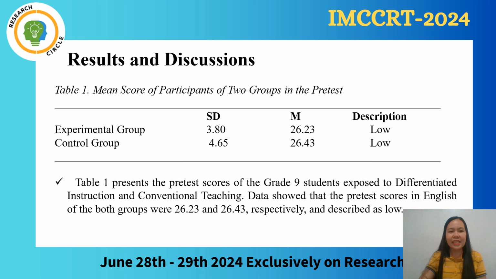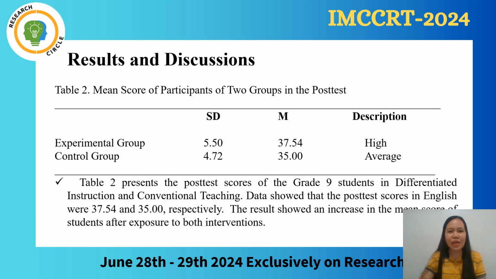Table 2 shows the mean score of participants of the two groups in the post-test. The mean scores in the post-test are 37.54 and 35 respectively. The results show that there is an increase in the mean score of the students after exposure to both interventions.